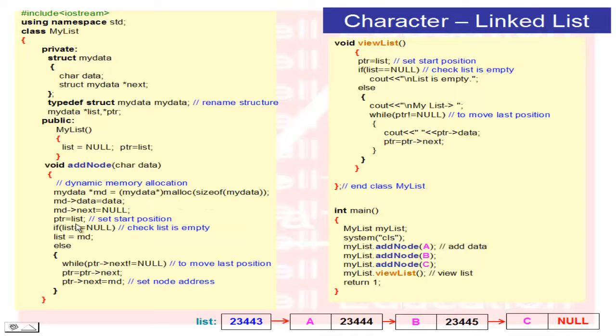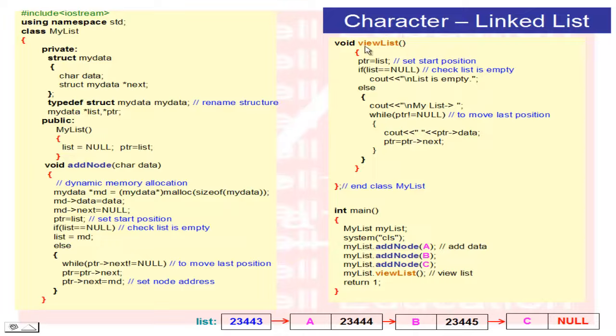If list is not equal to null, meaning you already have one value in the list pointer, then we go to else and check while ptr of next is not equal to null, then assign ptr equals ptr of next, and ptr of next equals md. Set the next node when we reach the end position. Okay, so this is the add node function.